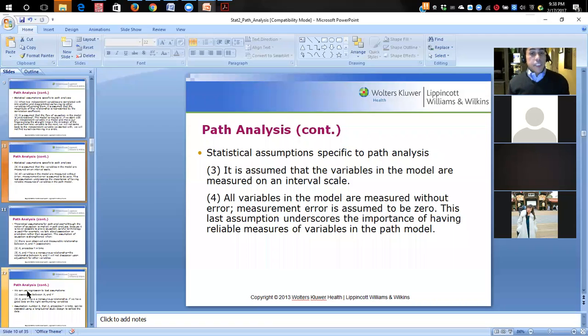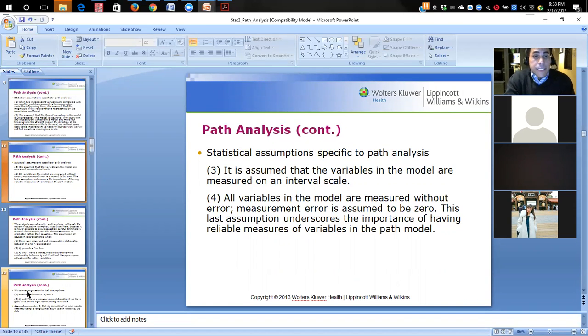So just giving you a heads up that that's still very controversial here in the United States. There's a lot of statisticians who really frown upon plugging in Likert type data, or data that are obtained from the Likert type scale, and then plugging them into path analysis, because path analysis says it has to be at the interval level of measurement.